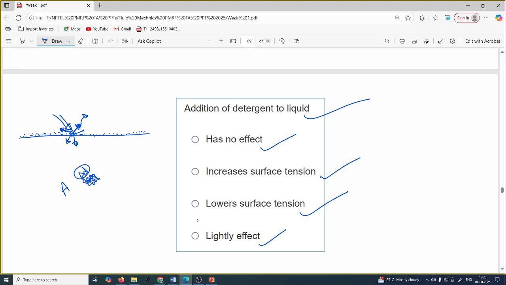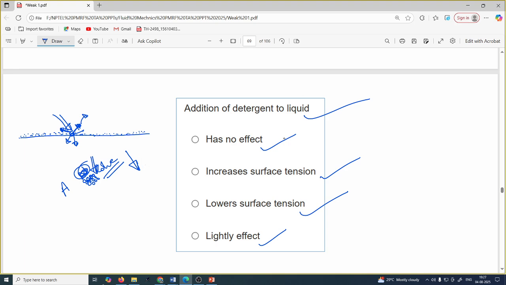Remember, please, it is cohesion force, not adhesion. As the detergent comes into the water, the cohesion force will be loosened and will decrease. As the cohesion force decreases, the water particles move away from the detergent.